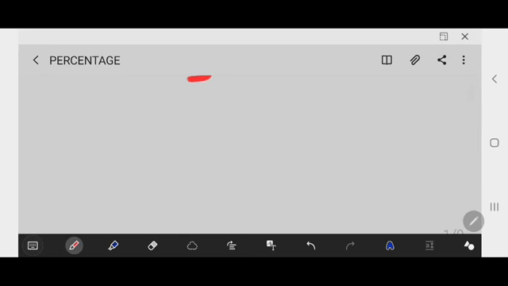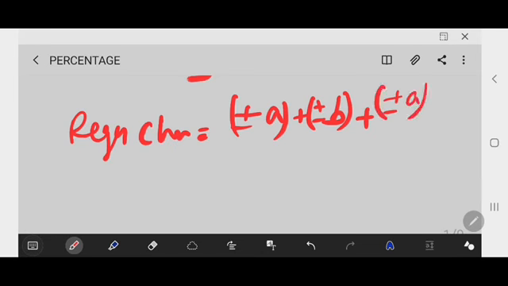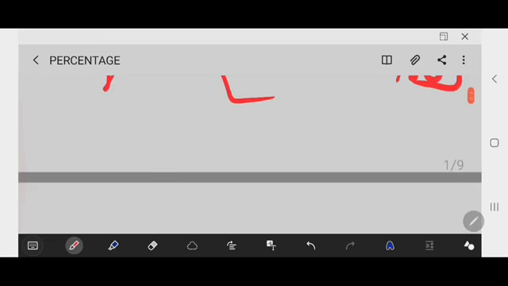Okay, so the trick is: required change equals plus or minus A plus or minus B plus or minus A into plus or minus B divided by 100, in percentage.